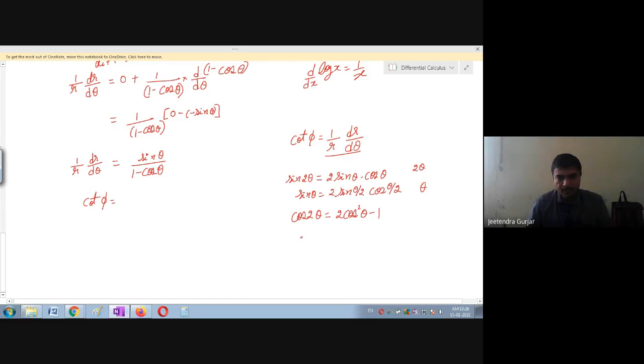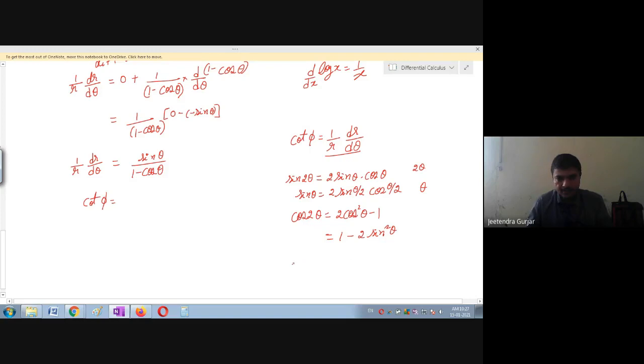Because sine is at the top, one can also write 1 minus 2 sine square theta. I can use this, right? This is the same: cos 2 theta is equal to 1 minus 2 sine square theta. So just interchange this, minus will become plus and plus will become minus.